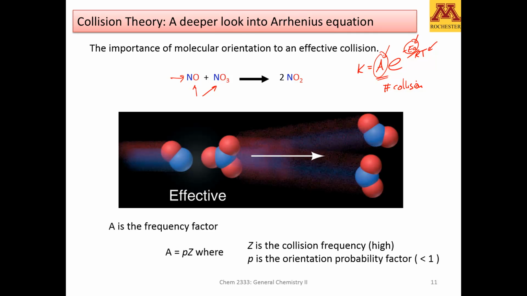So that frequency factor, the number of collisions, can be factorized in terms of the actual number of collisions multiplied by a factor that is just the probability factor that tells you how many of those collisions are going to have the right orientation.